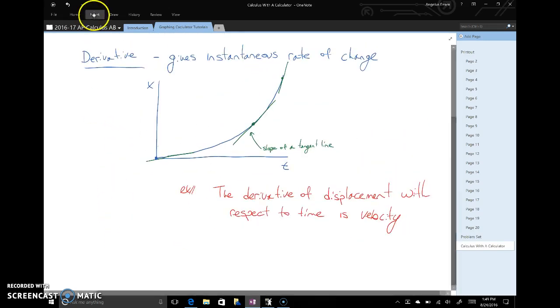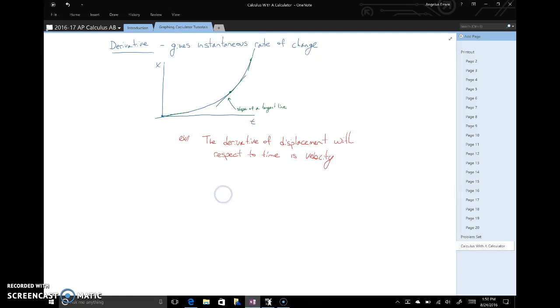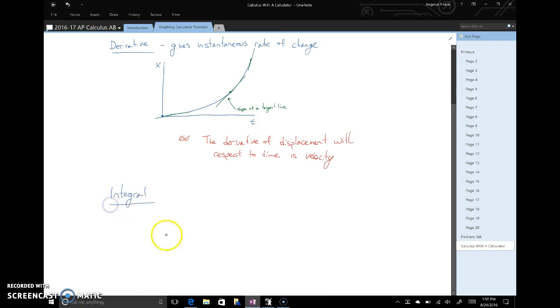And let's talk about the integral. So the integral. Let's say that we have a velocity time graph, and we have some function.